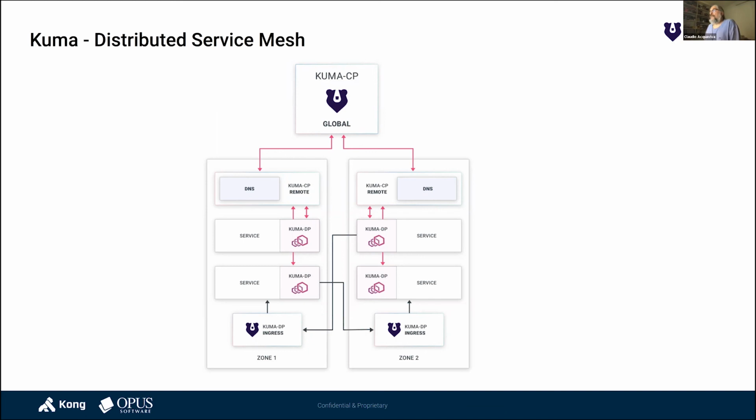So again, we are not forcing you to choose Kubernetes to implement your service mesh. Of course, Kubernetes will be one very, very good option in the marketplace to implement it, but again, we're not forcing you to do it.